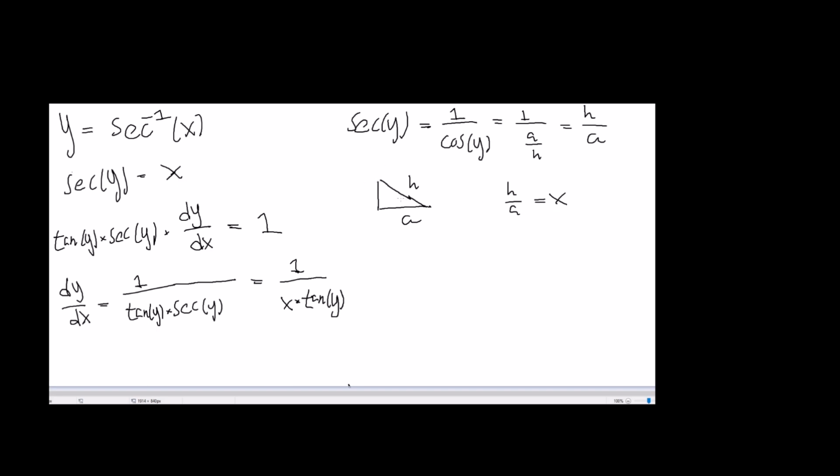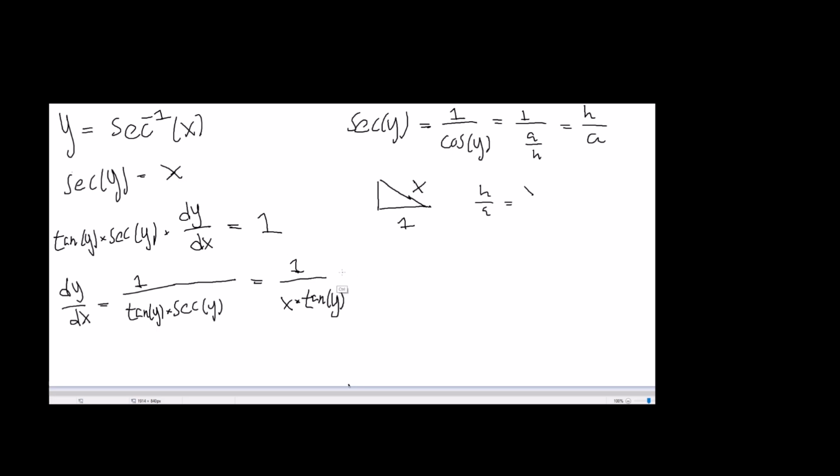Well, one way to solve this would be to say that the hypotenuse is x and the adjacent side is 1, because of course then the hypotenuse over the adjacent would be equivalent to x divided by 1, which of course is just equal to x, which is what secant of y was.